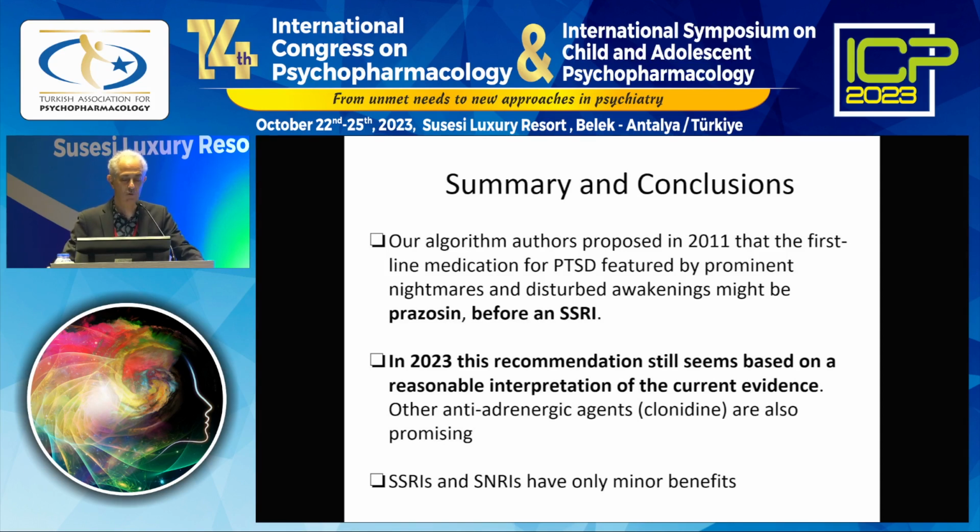In 2023, this recommendation still seems based on a reasonable interpretation of the current evidence, and other anti-adrenergic agents like clonidine seem promising, and we're watching them. But the standard treatment with SSRIs and SNRIs have actually only minor benefits.